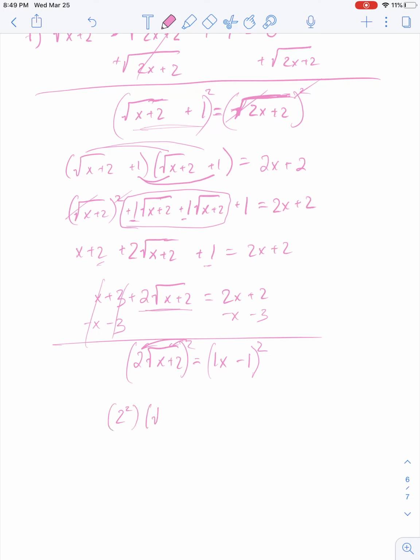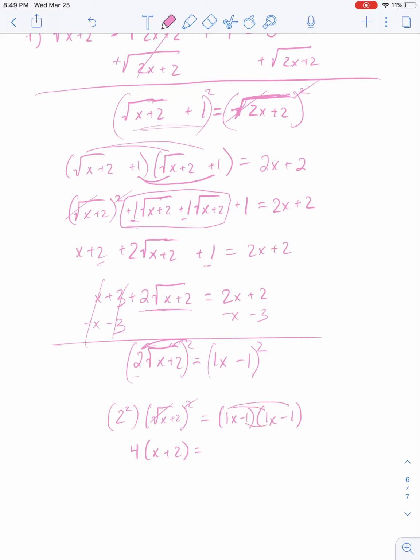This is a monomial. So that 2 is having the power of 2, square root of x plus 2 is having the power of 2. And over here as well, we've got to show 2 of them because this is a binomial. Monomial, 1 term, binomial, 2 terms. So this gives us 4, cancels. We're left with x plus 2 here.